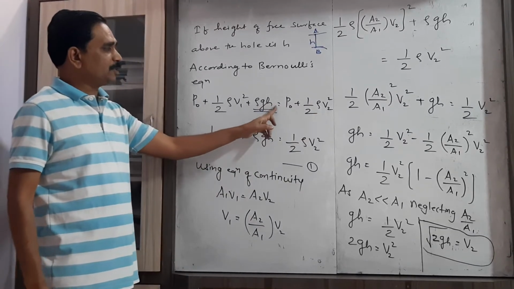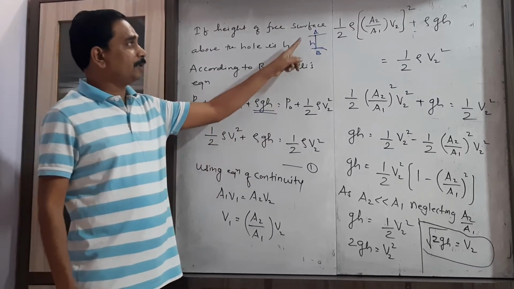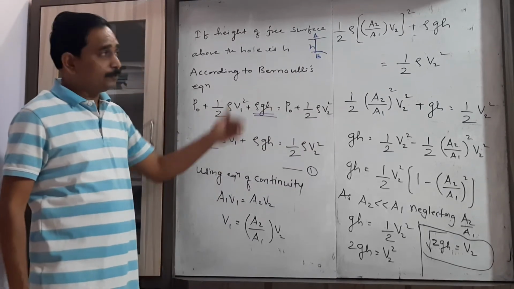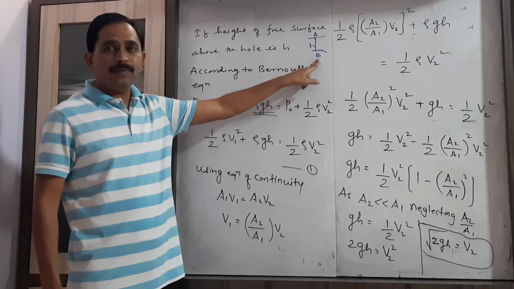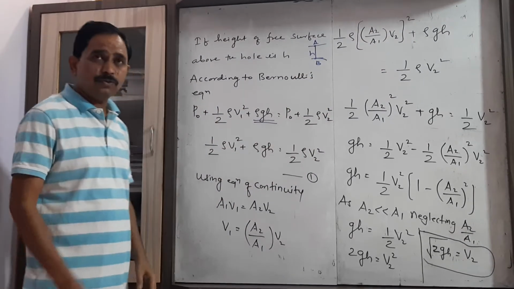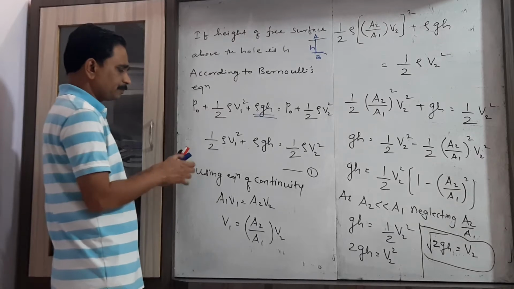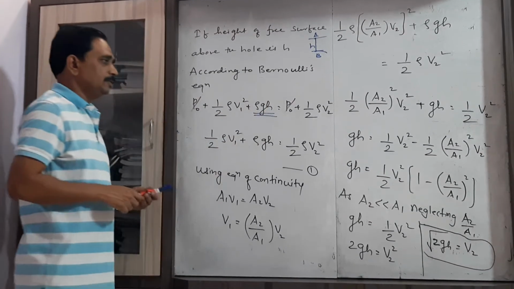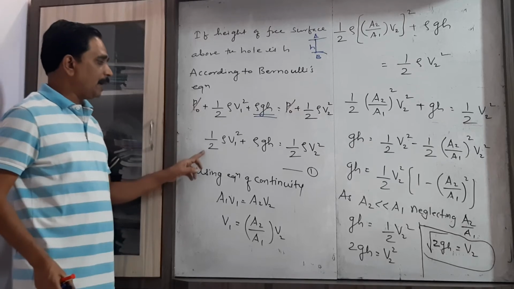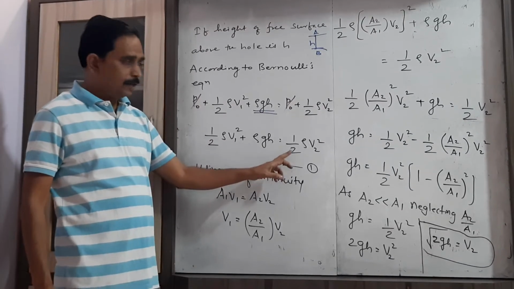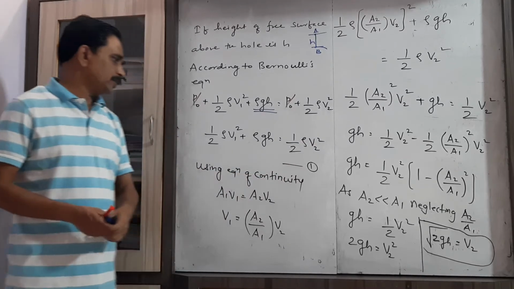You can take H1 as the height for this point and H2 as the height for point B, and we measure the height from B. That's why the height for B is 0. Now cancel the atmospheric pressure, so we can write half rho V1 square plus rho GH equals half rho V2 square.